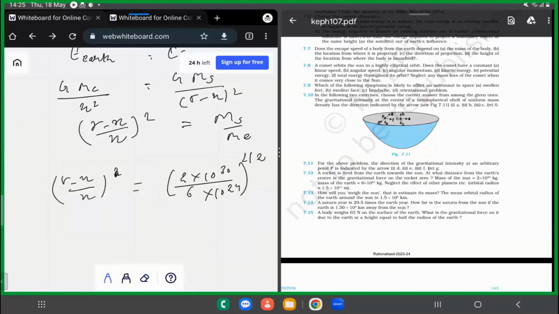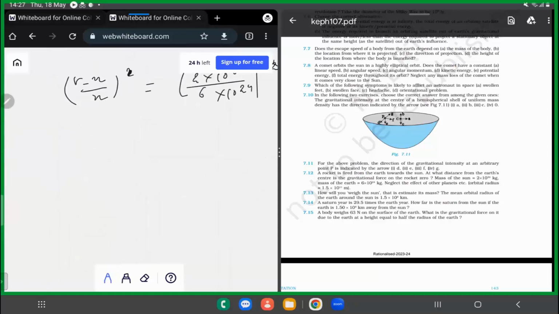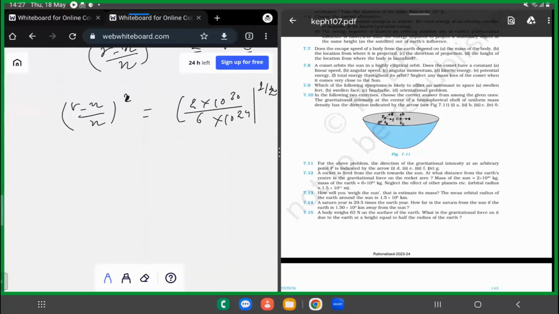Okay, so this comes out to be... if we solve the linear equation between x and r, it gives (r minus x) by x equals this comes around 527. So we can say that x is nearly equal to r by 578.